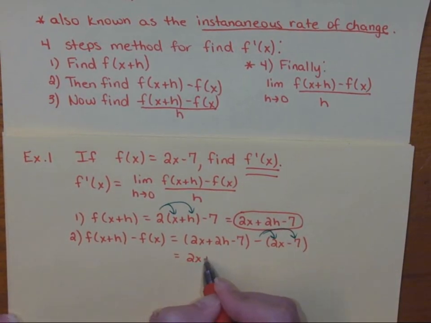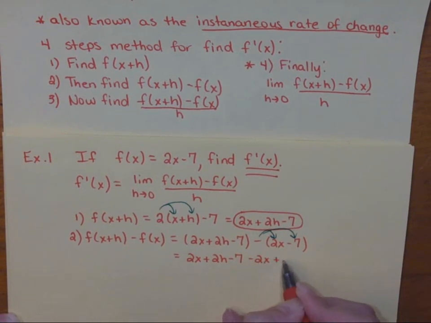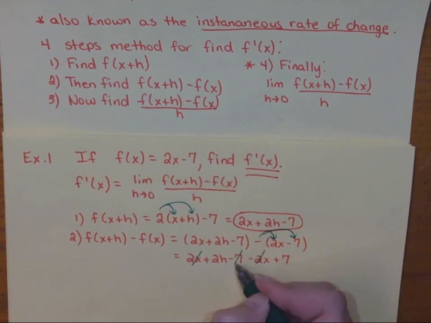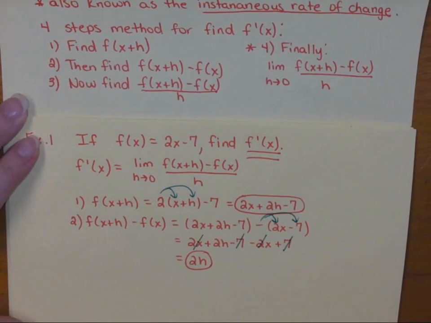So this is 2x plus 2h minus 7 minus 2x plus 7, right? Because minus a negative becomes plus. So here we'll get some terms that combine because they're alike. 2x minus 2x is 0, negative 7 plus 7 is 0. And all we're left with in step 2 at the end is 2h.